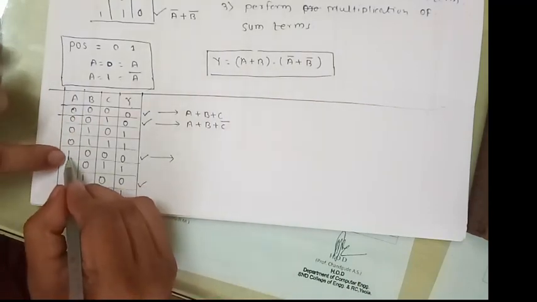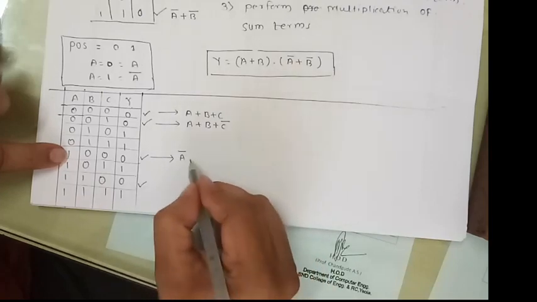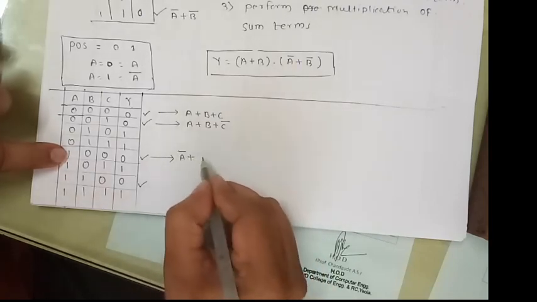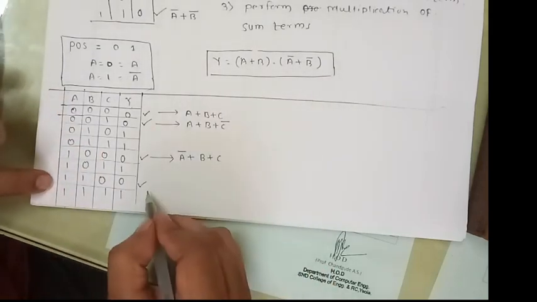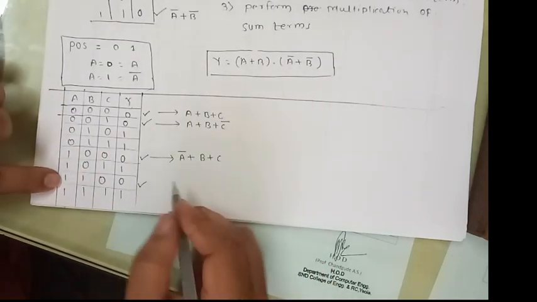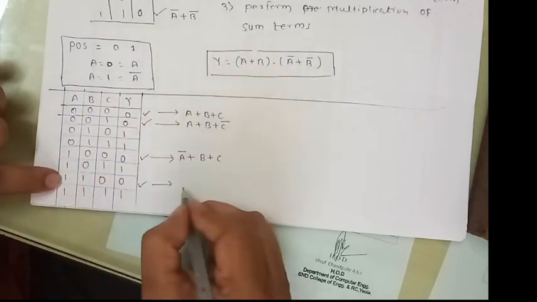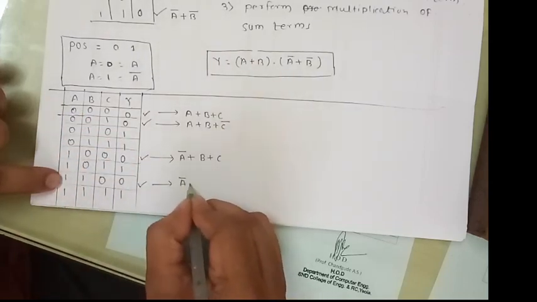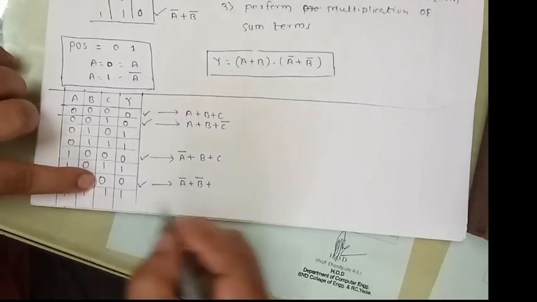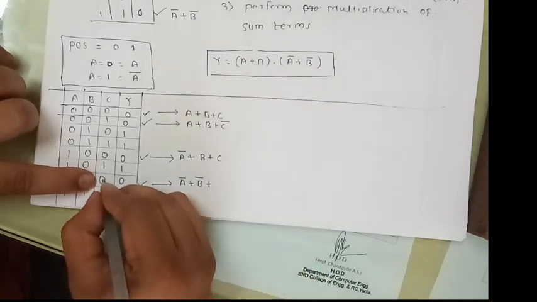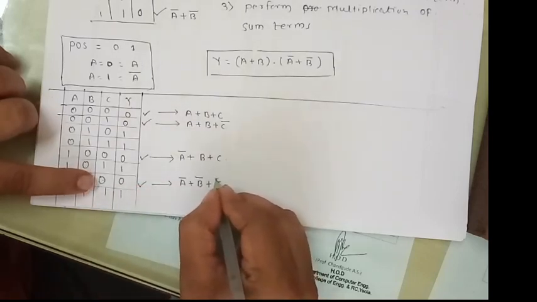For this condition, the value of A is 1, so 1 indicates the complement, A bar, plus B is 0 and C is 0. For the last case, the values of A and B are 1 1. 1 indicates A bar, so A bar plus B bar plus, and this single value is 0, so it is C only.